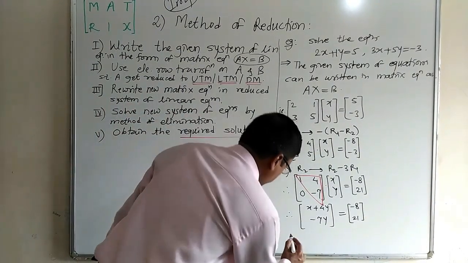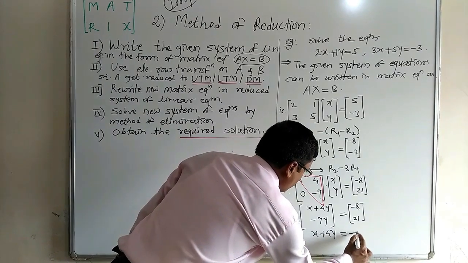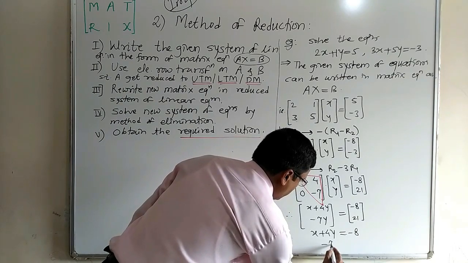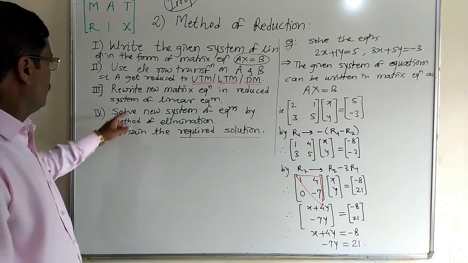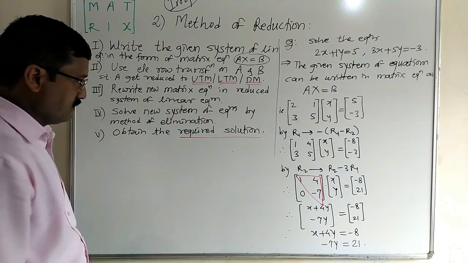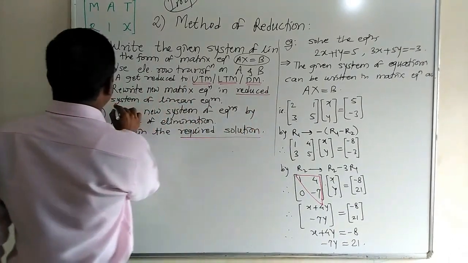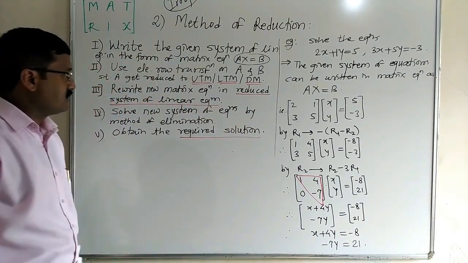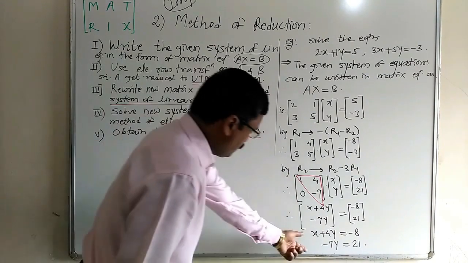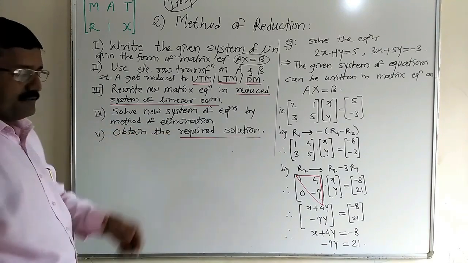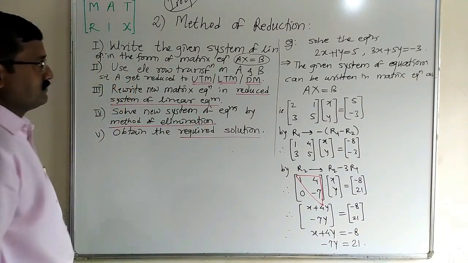By equality of matrices, we get system of equations as x plus 4y equal to minus 8 and minus 7y equal to 21. So this is the system of linear equations, or reduced system of linear equations. We call it the reduced system of linear equations. Now we can solve these two equations by the method of elimination.